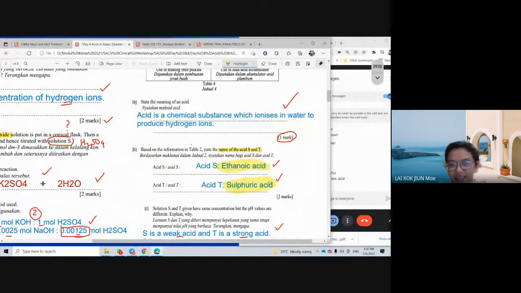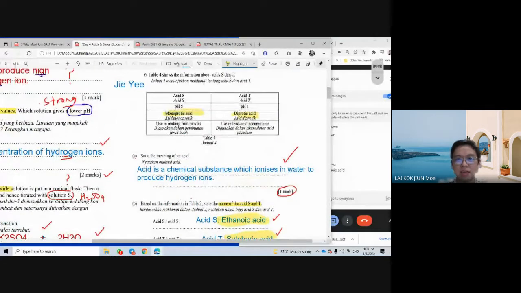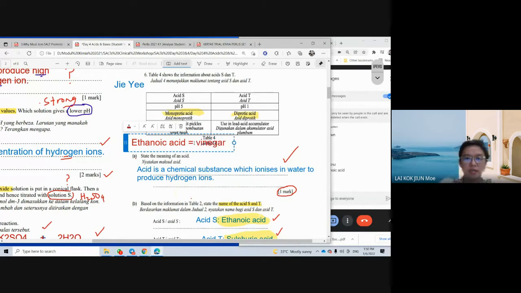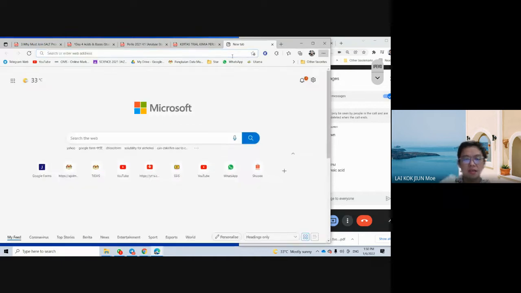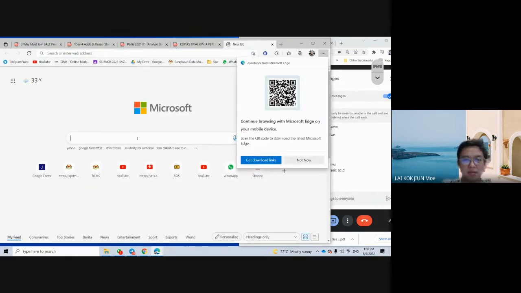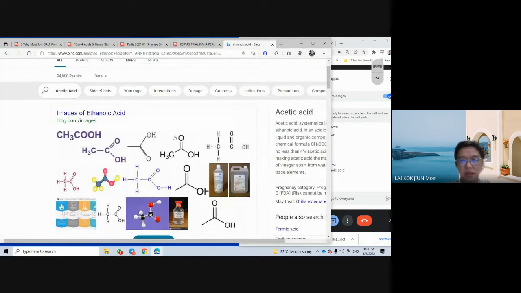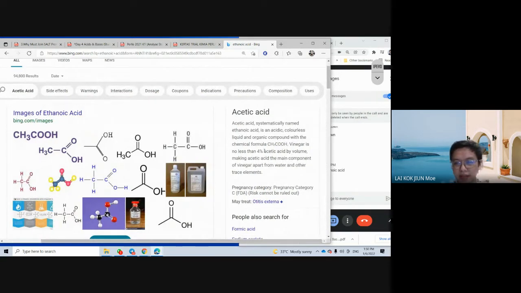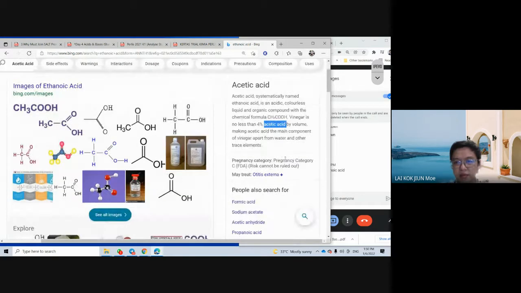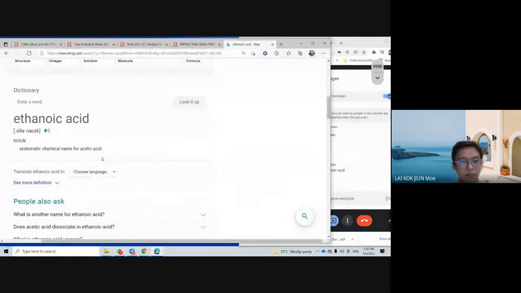So it's a type of vinegar, ethanoic acid. Vinegar. Cuka, you know cuka lah. Ethanoic acid, we can also call it acetic acid. Okay, so ethanoic acid. Yes, sometimes you call acetic also.